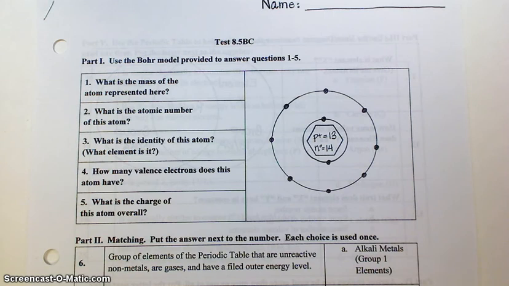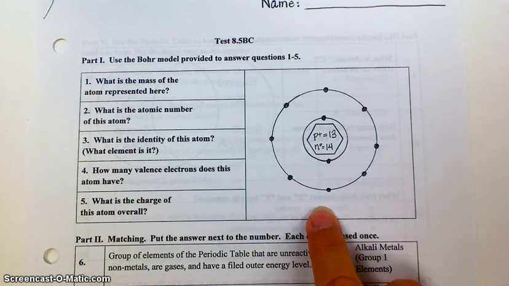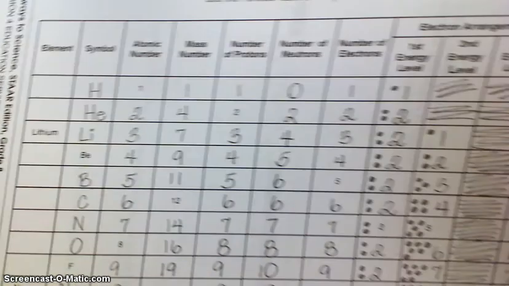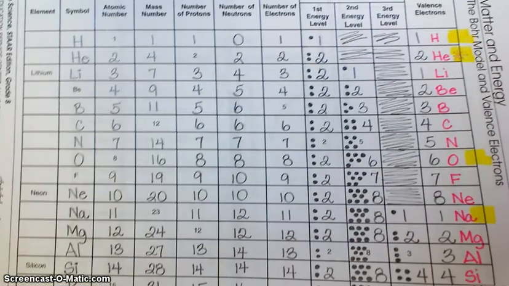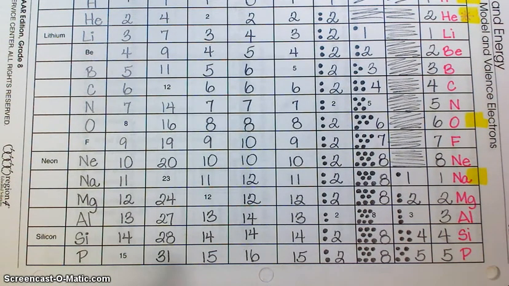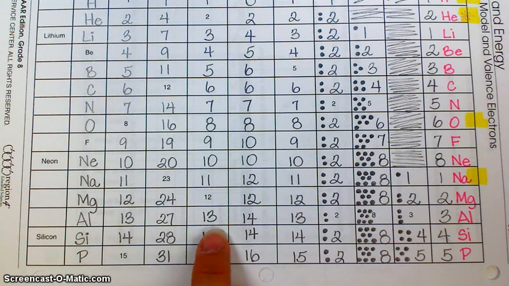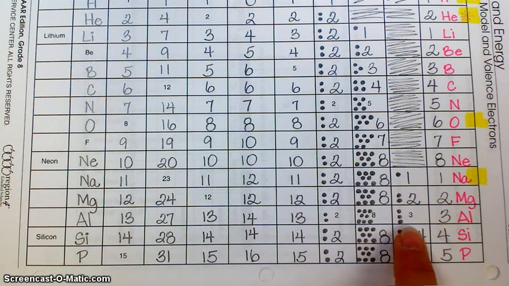Now let me show you why it's important to use the picture when you can, rather than just the general information. Going way back to this, here's aluminum, and here's the information that we would get if we have to rely on the box in the periodic table.